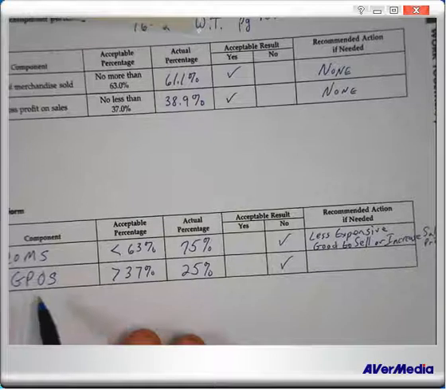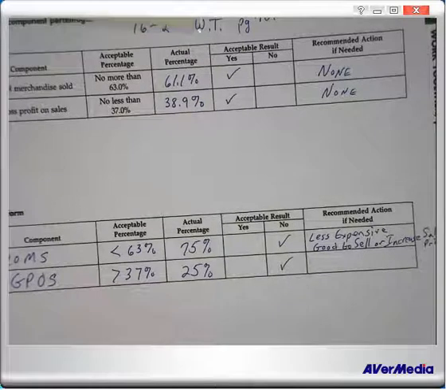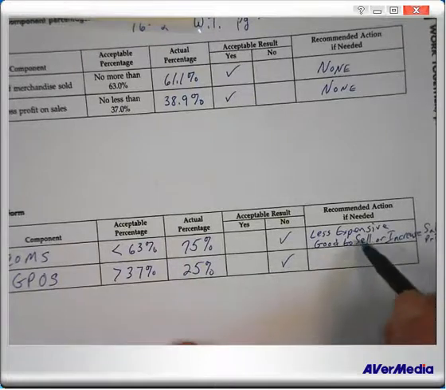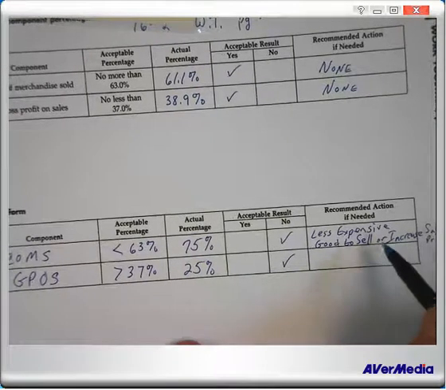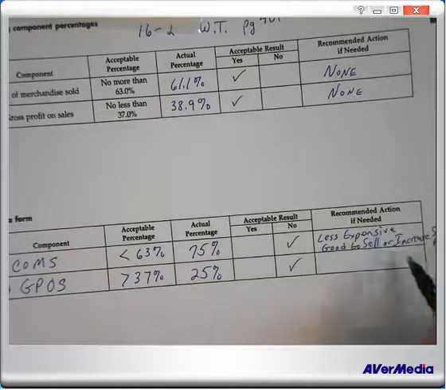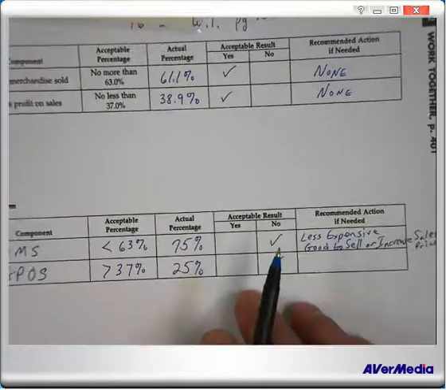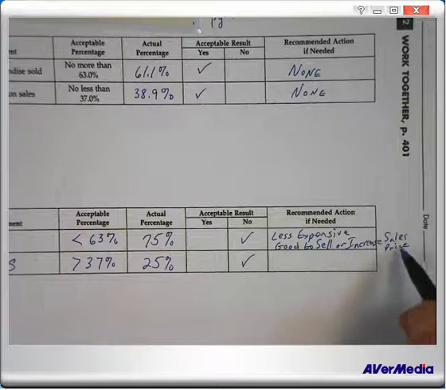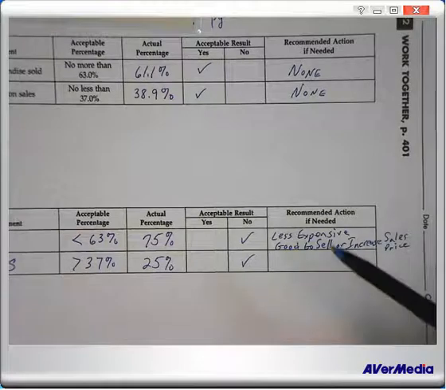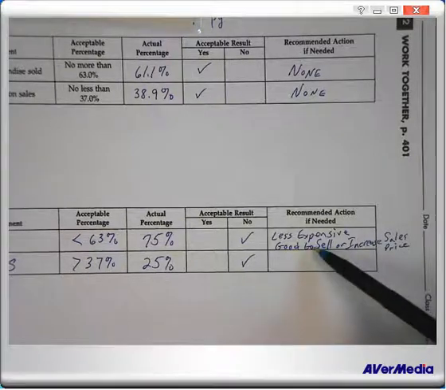Now the gross profit on sales, if that's less than the percentage, it's pretty much the same thing. You've got to figure out what you're going to do. You can increase the sales revenue by increasing the sales price of the item, or you can decrease the cost by finding a less expensive alternative to the product that you are going to sell.